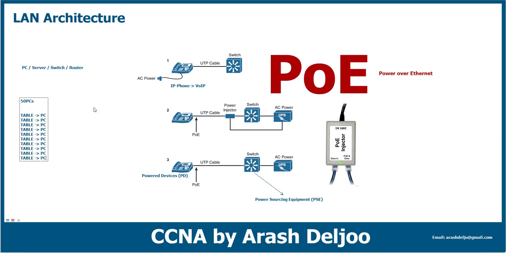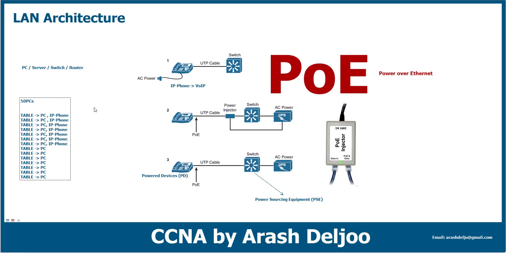Now, we want to implement IP phones in our company. You know that each employee needs one IP phone. Because of that, we need to give each person one IP phone. This is one IP phone. And because we are installing the IP phone on the table of each employee, we need to supply the power at each table.